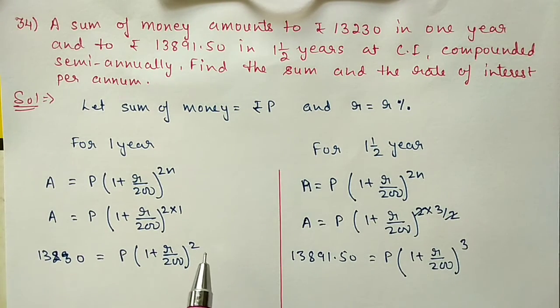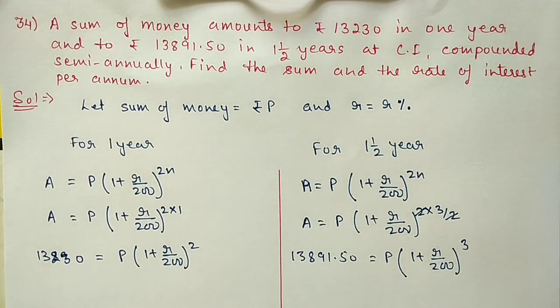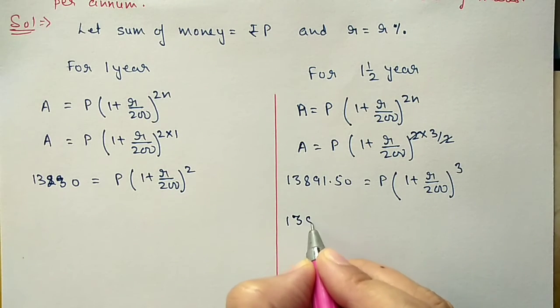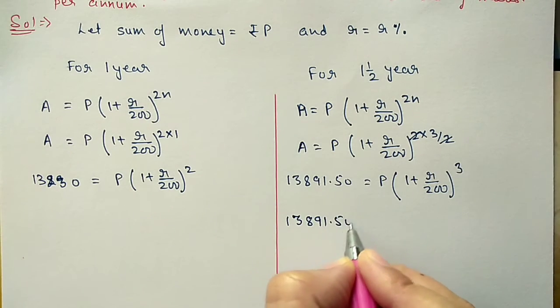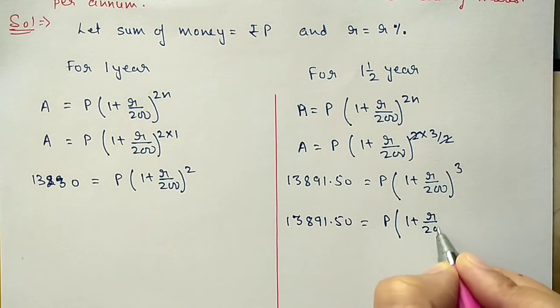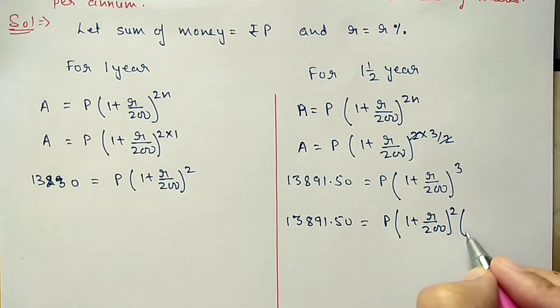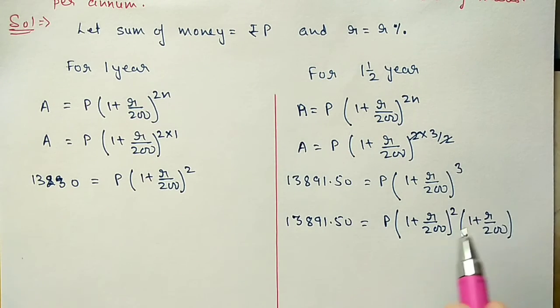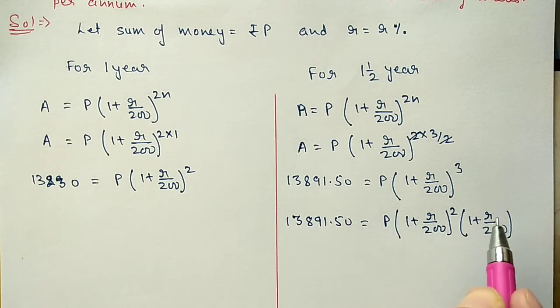In the first case we have whole to the power 2 and here whole to the power 3. So this second one we can write as 13,891.50 equal to P (1 plus r by 200) to the power 2 and (1 plus r by 200). This power 3 I have split into 2 and 1.